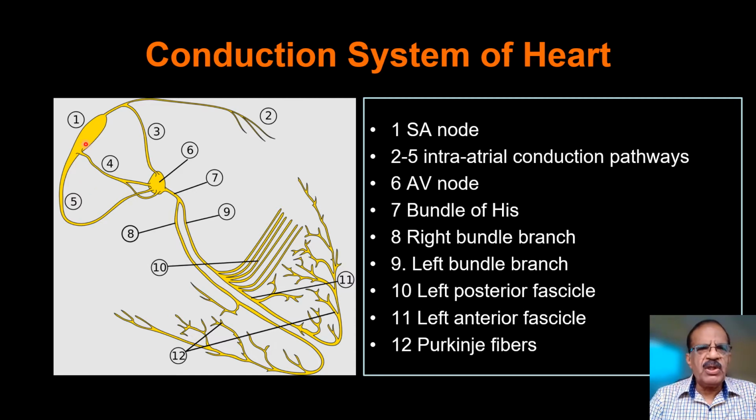Atrial depolarization will start with right atrial depolarization. While right atrium is still being depolarized, because some part of the left atrium may be closer to the SA node than some part of the right atrium, the left atrial depolarization also starts, but then right atrial depolarization completes, followed by left atrial depolarization completion. Similarly, repolarization process will start. So there could be problem with these conduction pathways, but these do not have any specific names.